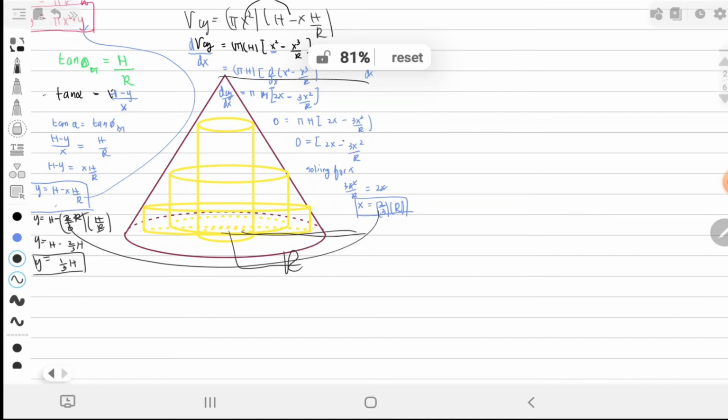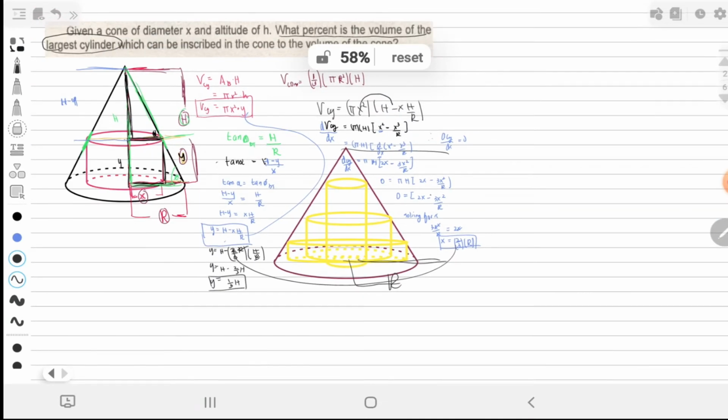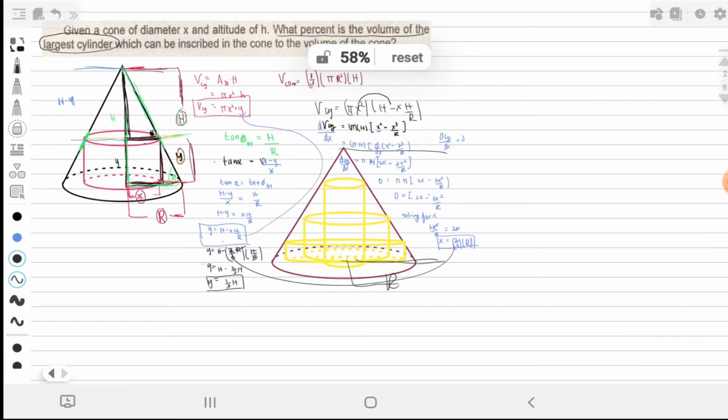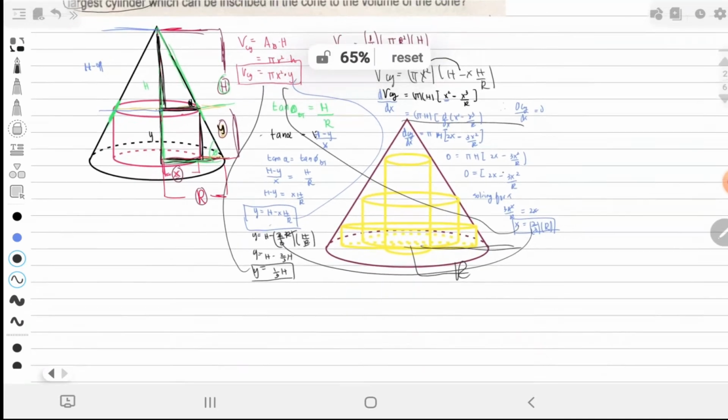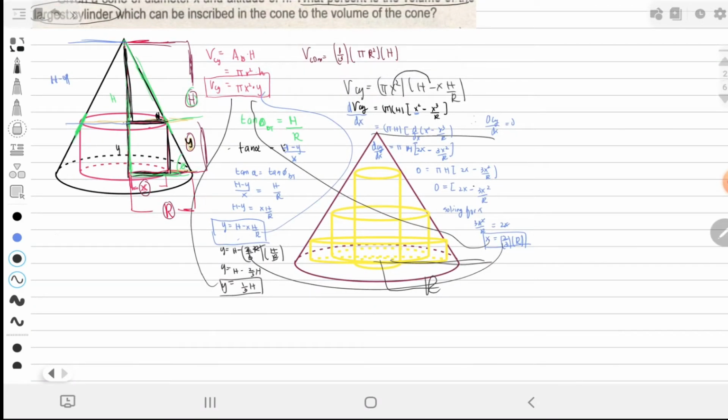So, ayan. So, for the volume of our cylinder, para makuha natin yan, substitute natin to dito. Siyempre, substitute din natin yung x dito. So, from that, I will have a value equal to pi. Okay.